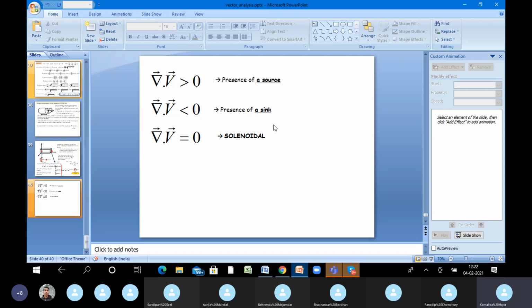So you quickly find the divergence of the given vector. If the divergence comes out to be 0, you write that since the divergence is 0, yes, it can represent a magnetic field because a magnetic field is always solenoidal. If the divergence comes out to be non-zero, then you write, no, it cannot represent a magnetic field, because a magnetic field cannot have a non-zero divergence as it is a solenoidal field.